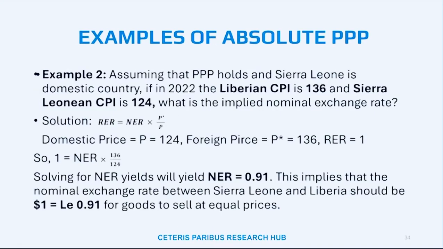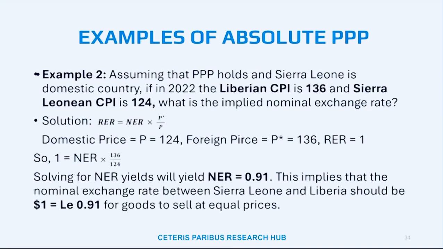So again, assume PPP now holds and Sierra Leone is the domestic currency, and the Liberian CPI is 136 and the Sierra Leone CPI, the CPI is simply price level, is 124. So we want to know what is the implied nominal exchange rate that makes the PPP condition hold.